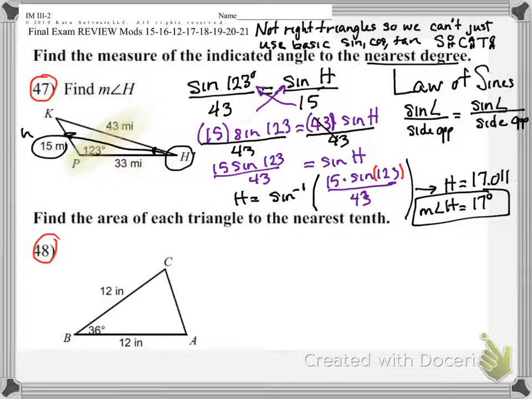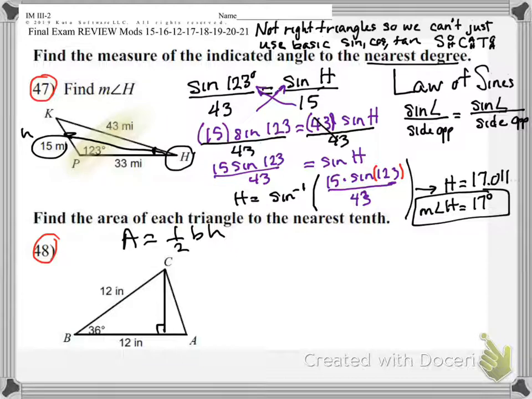Number 48 was also from the 17.2 section. The formula for this section says, well, you know, we originally learned if you have a right angle in a triangle, the area equals 1/2 times the base times the height. But even though it's possible to do it that way, that would take a lot longer than what I'm going to show you.